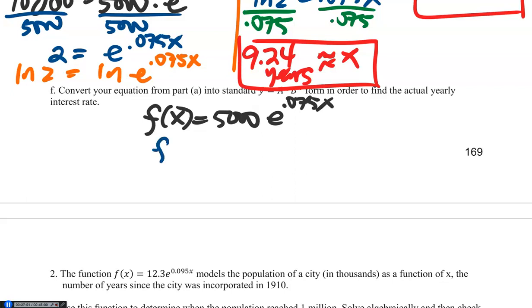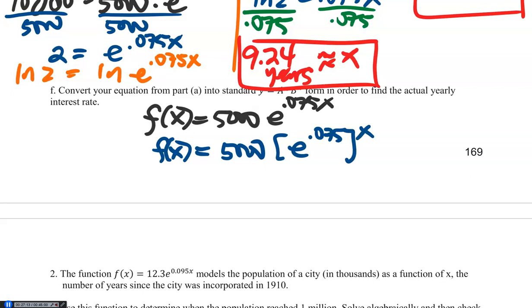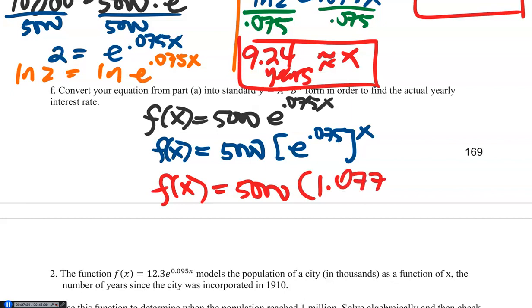So you can rewrite this as 5,000 times e raised to 0.075 to the power of x. And e to the power of 0.075 is actually equal to 1.0779 to the power of x.